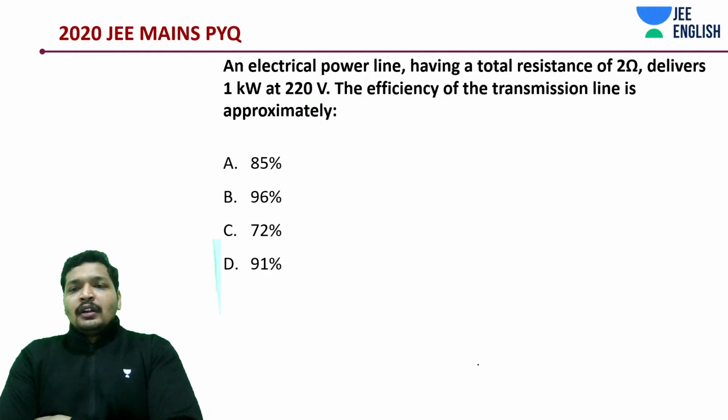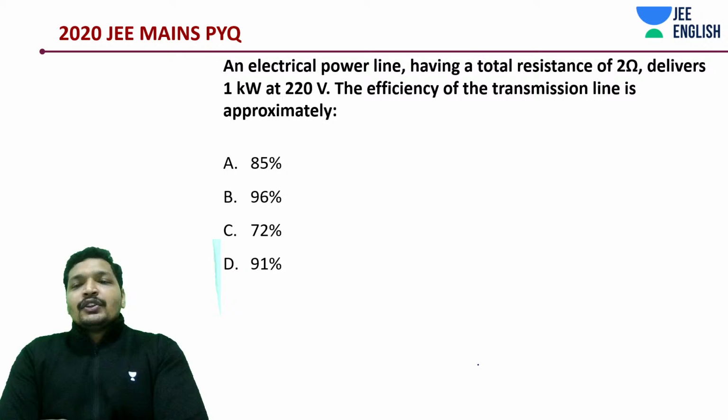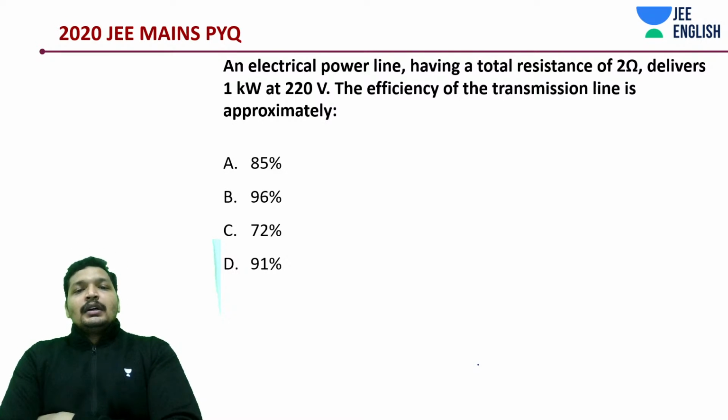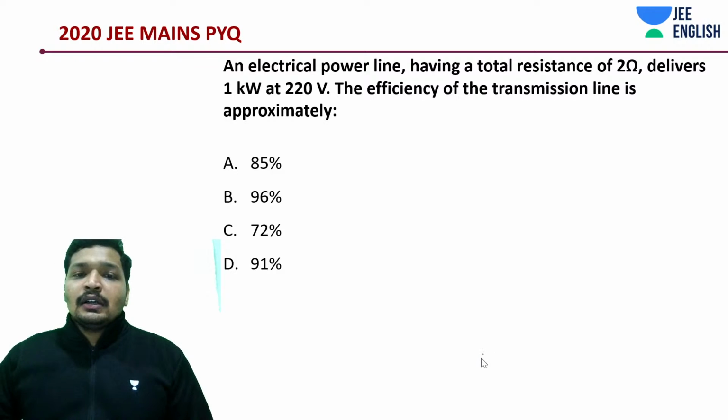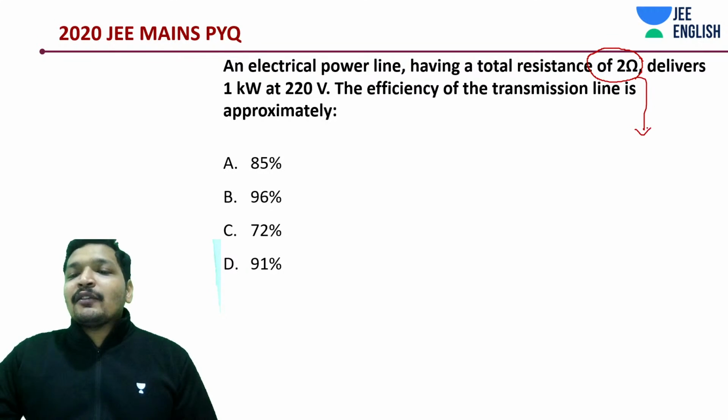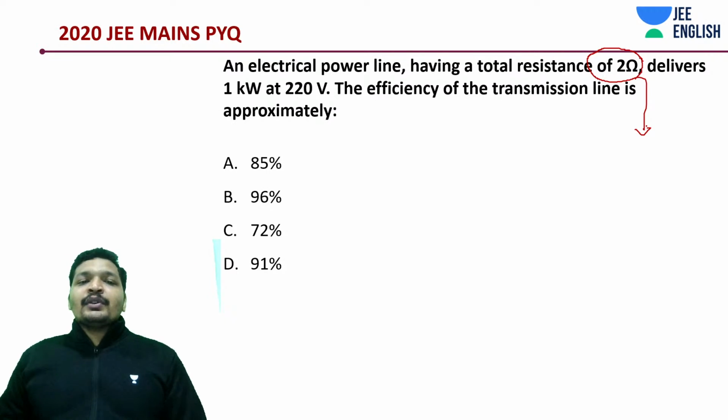First of all, you should try and understand one thing. That is, the current. And this power line's 2 ohm is doing what? This power line's 2 ohm is a loss. While you're delivering the power, what are you doing basically?